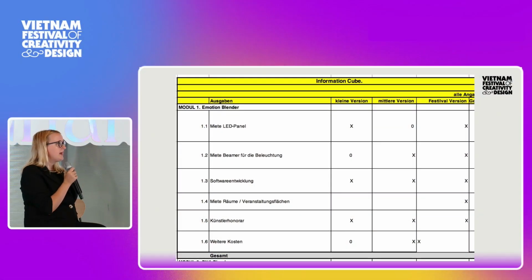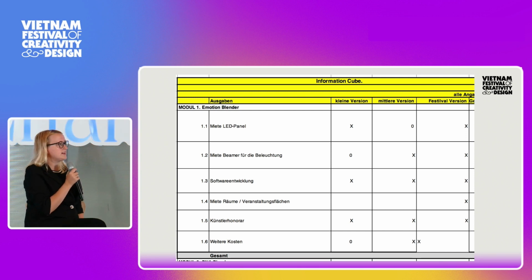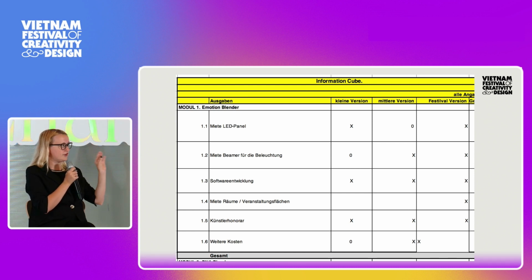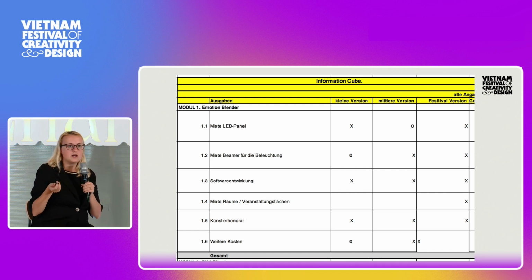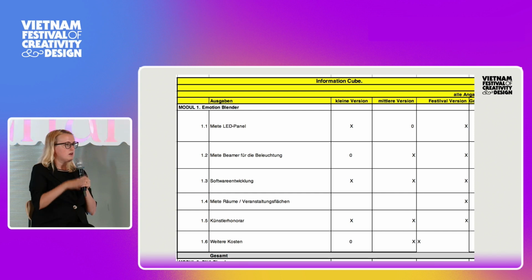Let's go to this small table. This is a module. For example, we take our project Emotional Blender, the visualization of emotions. As you can see, there are three versions. The left one is the smallest version. The version in the middle is the medium version. And it can also be a festival version or a big version. Just brainstorm: what do you need for your project? For this realization of emotions, ideally, we should have the technical equipment.